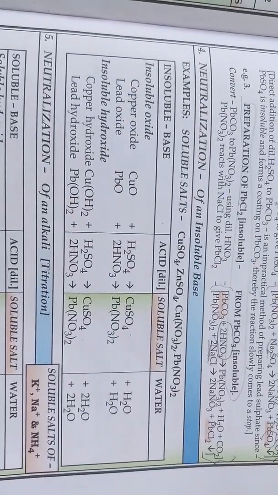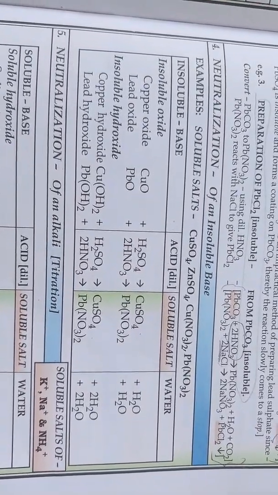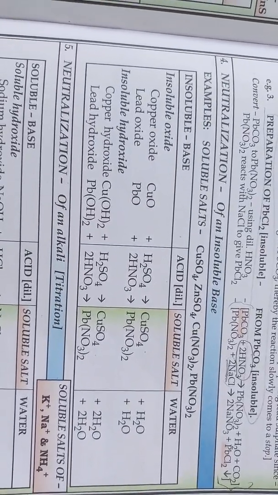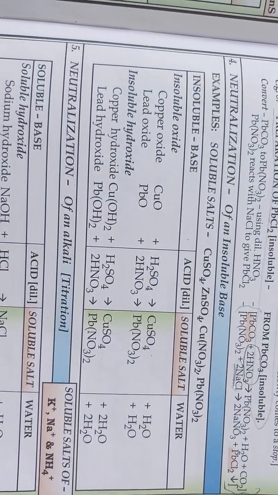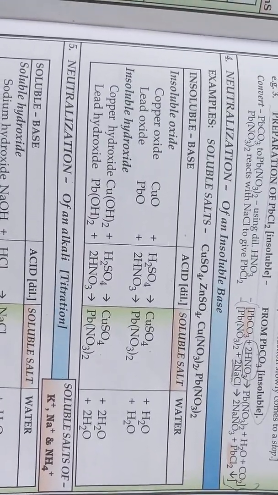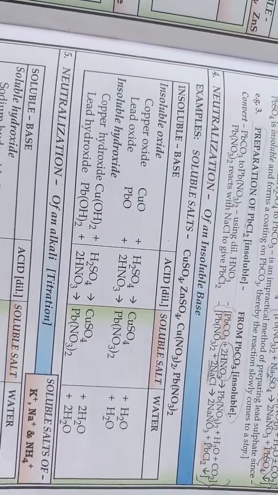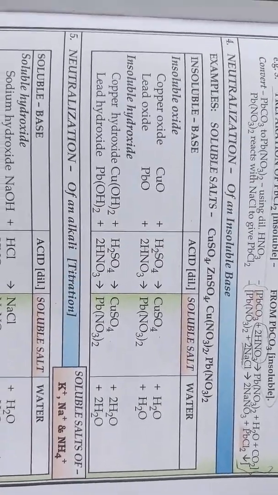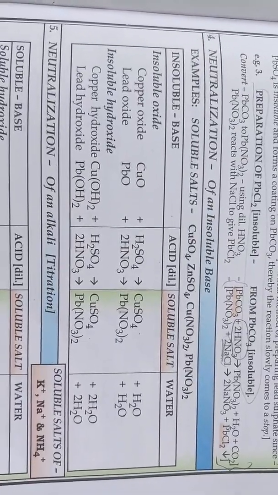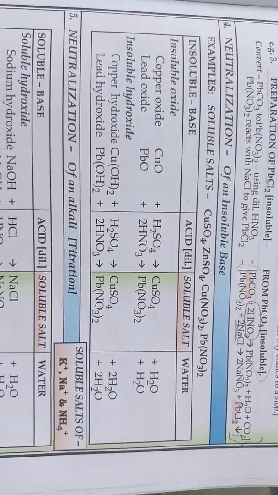This is from the insoluble base, because CuO and PbO are insoluble bases, right? Or insoluble hydroxides, Cu(OH)2 or Pb(OH)2, lead hydroxide or copper hydroxide. It gives you a soluble salt. Acid reacts with the insoluble oxide or hydroxide and gives you a soluble salt and water.